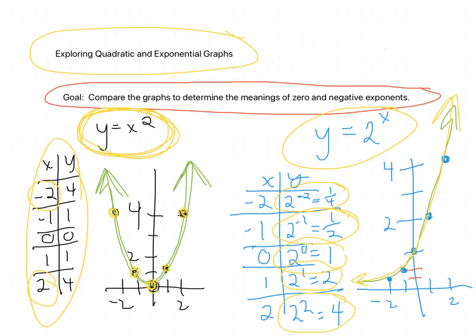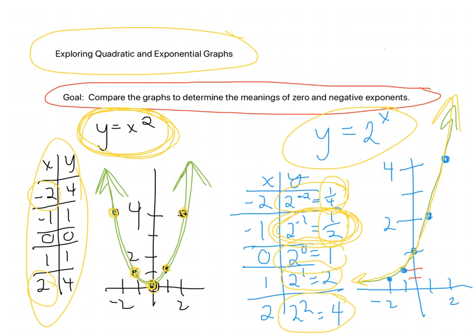As you can see in the first two fractions, we have a half, and then we have a quarter. The next one's going to be an eighth, and then a 16th, and then a 32nd. As you can see, they become very small. Okay, so these are the two graphs. The exponential graph on the right with base 2 to the exponent x, and the quadratic graph on the left with base x squared.